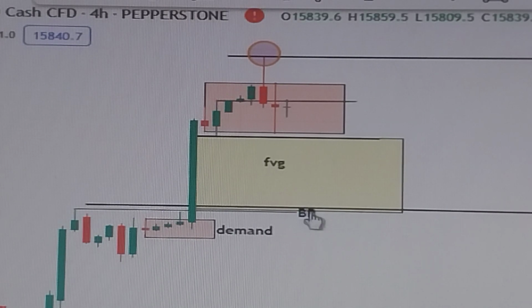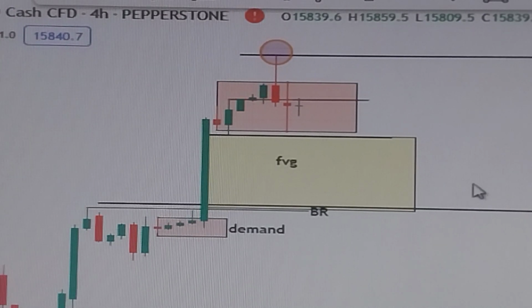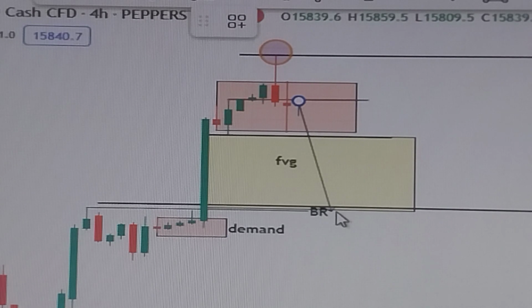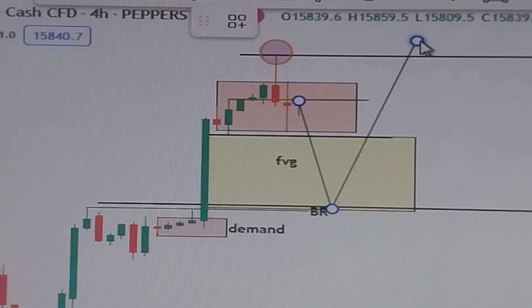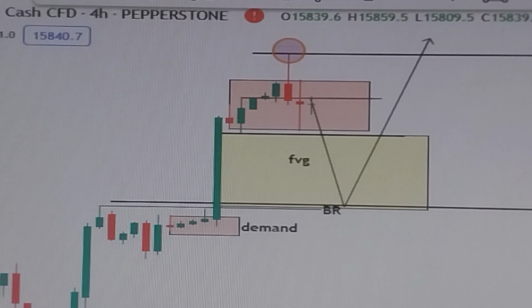These are the things that, when you look at them, you ask yourself, will the market sell to that zone? Will the market buy from that zone? You know very well that the market will sell all the way from this resistance area to this breaker block and begin to buy to that zone to take out that liquidity.